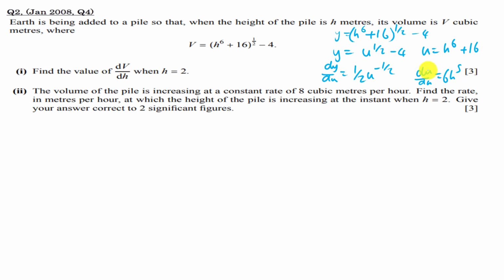We're going to combine that together to essentially just get dV dh here. So that's those two multiplied together, which is a half u to the minus a half times 6h to the 5. Substitute what u is back into here.